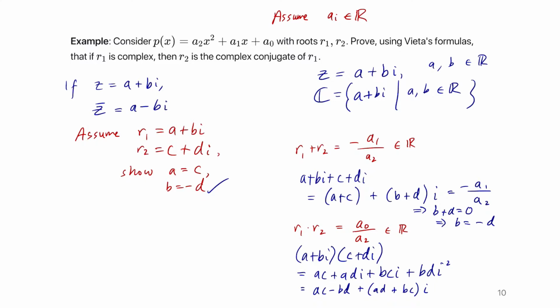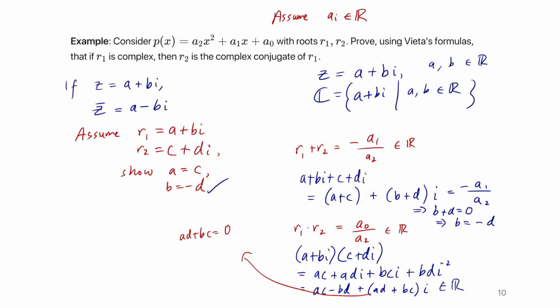Now, again, this is some element of the real numbers because it's just A0 over A2. And so that means AD plus BC has to be what? 0 also. And so we come over here. AD plus BC has to be 0.